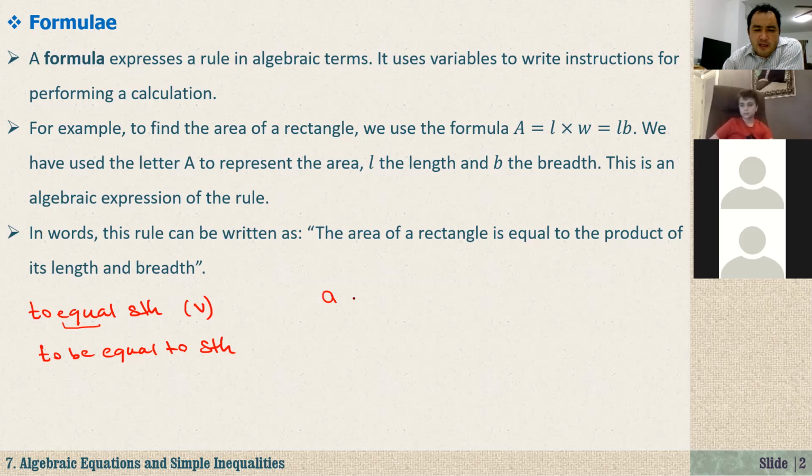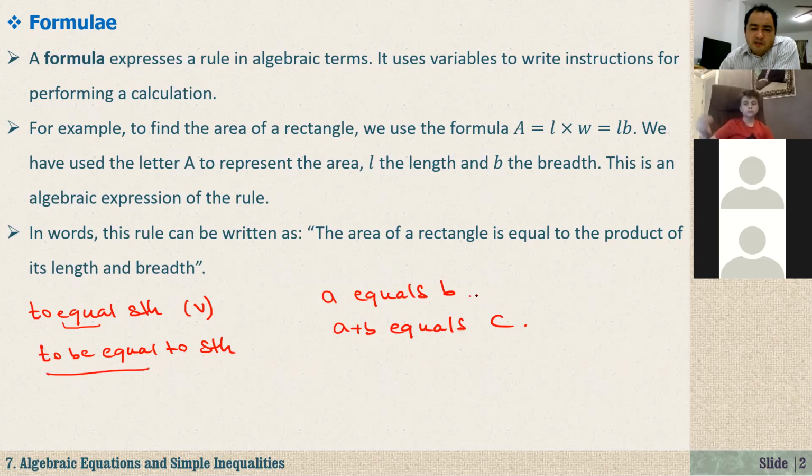For example, A equals B, or A plus B equals C. We don't say equals to. Or another way, you can say, for example, A is equal to B, A plus B is equal to C. A lot of students use equal as a verb and also add to, but that is wrong. When you use it as a verb, you should not add to. Just say equal something.